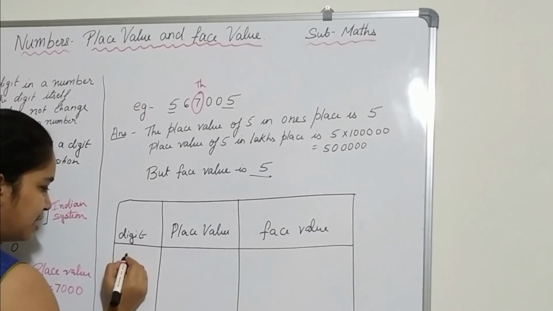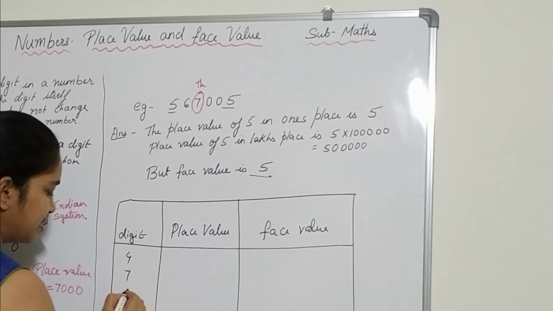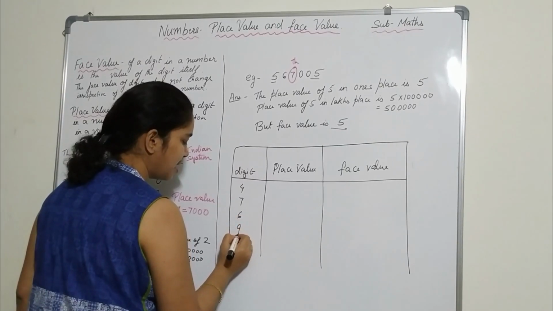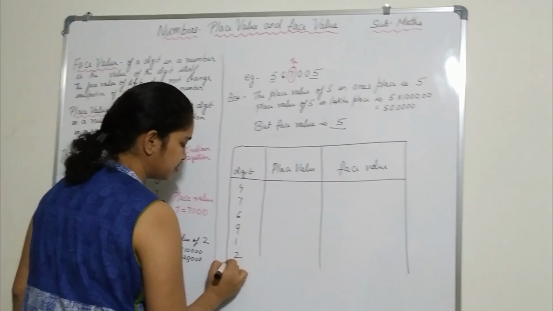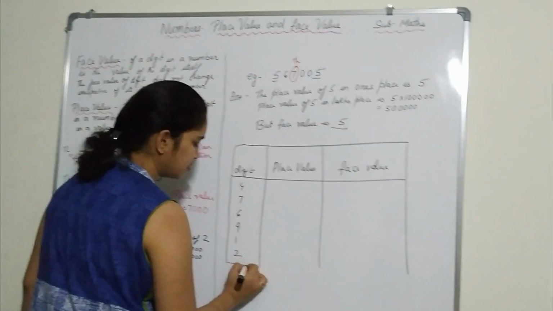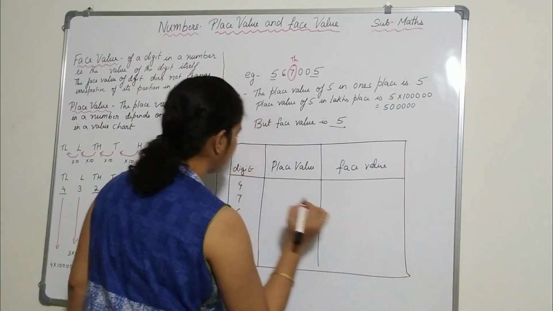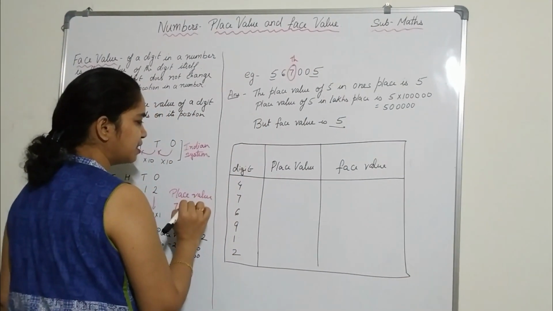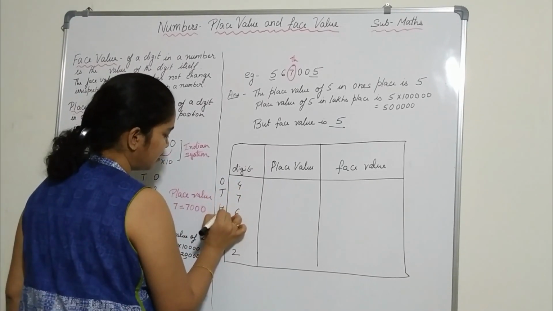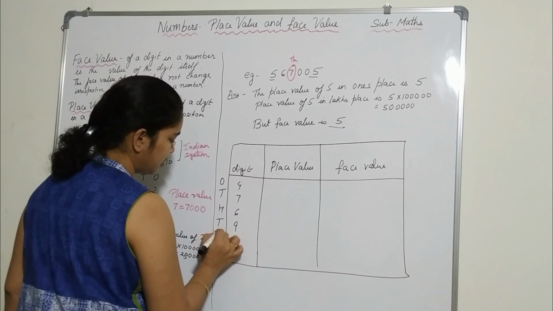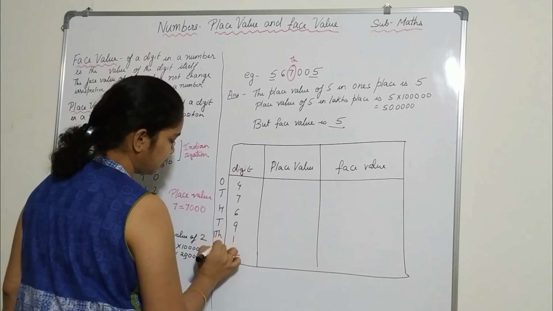So I'll take the digits 4, 7, 6, 9, 1, 2. And it is arranged according to ones, tens, 100, 1000, 10,000 and lakh.